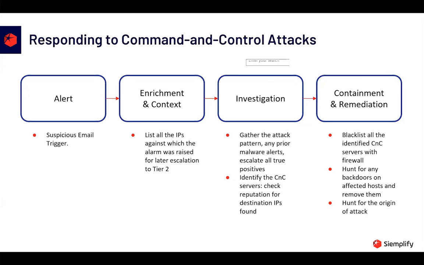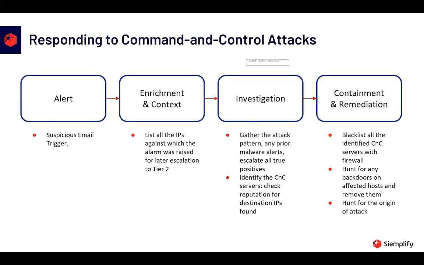Then finally, identify the command and control servers. First list the destination IPs found, and then capture the network traffic in infected machines. By listing these destination IPs for any malicious communications found, you're then going to check the reputation for the destination IPs, and then finally go to the contain and remediate stage.